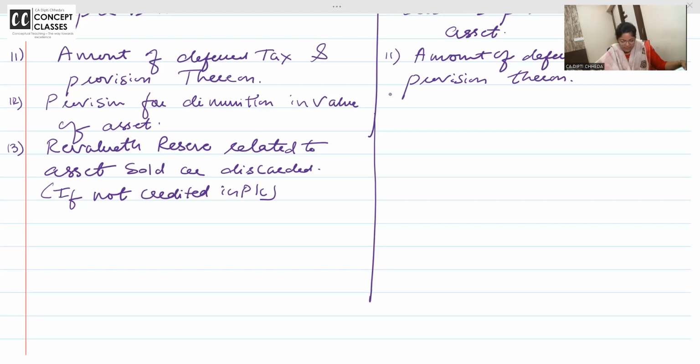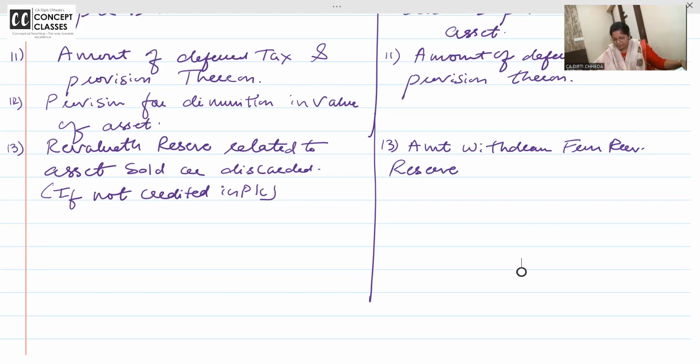I am writing here 13th May. Amount withdrawn from revaluation reserve. Amount is withdrawn from revaluation reserve and credited to P&L.